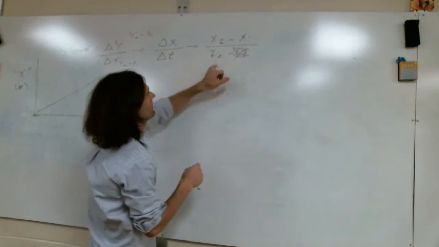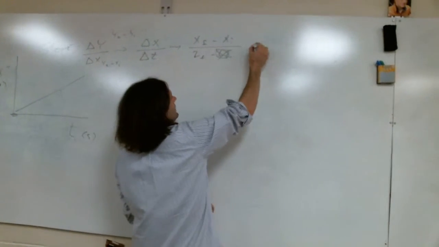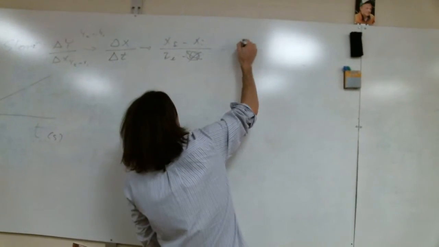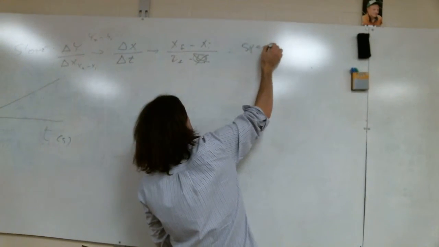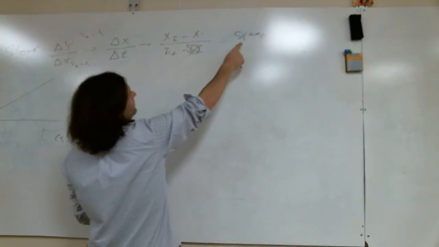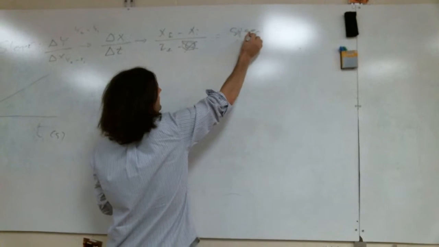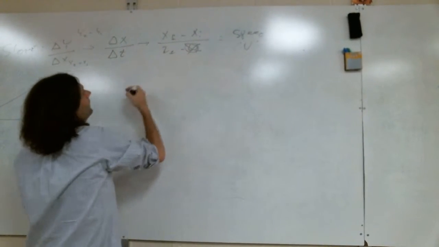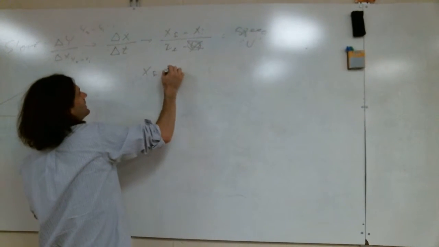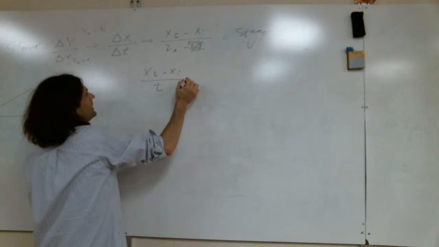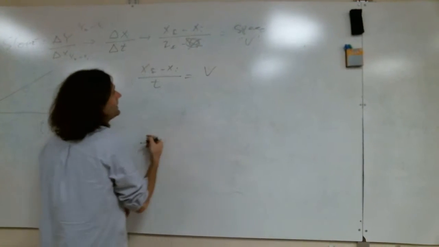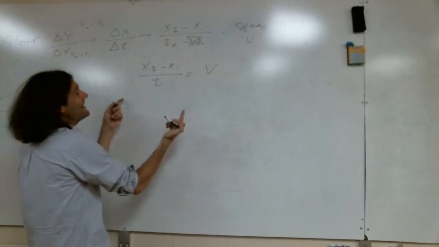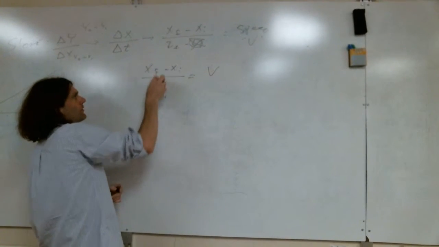That's a change in position divided by a time, which is the definition of speed. So what I will do is call that the letter v for velocity. So what I have is an xf minus xi over t is clearly a v. What I will do is rearrange this because fractions were created by the devil.